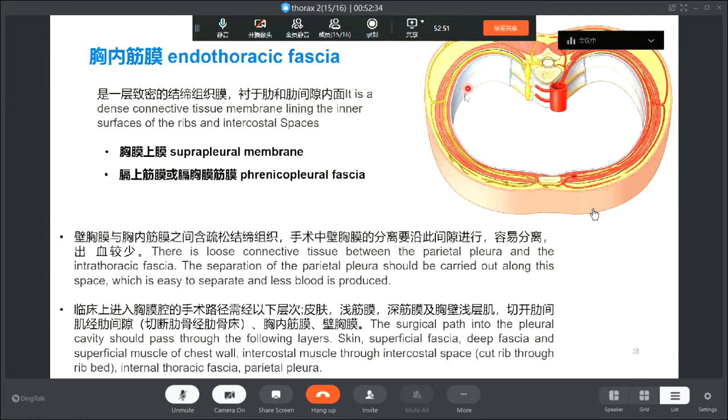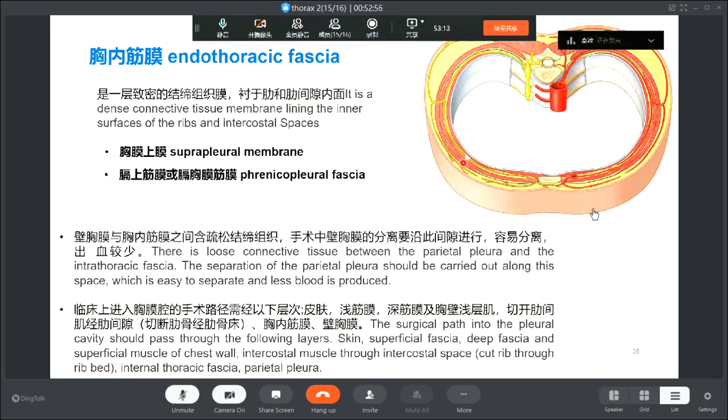So this part has loose connective tissue between the parietal pleura and the thoracic wall.